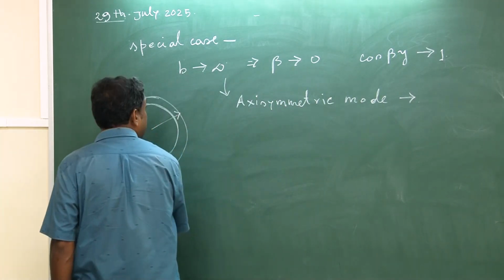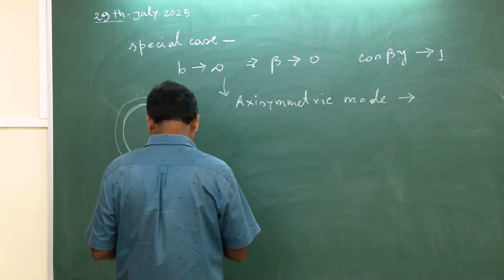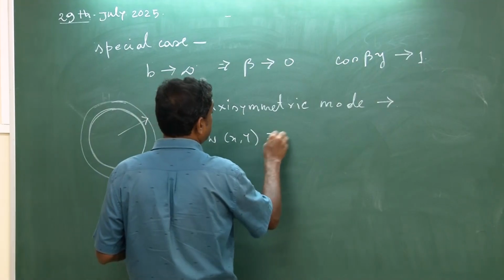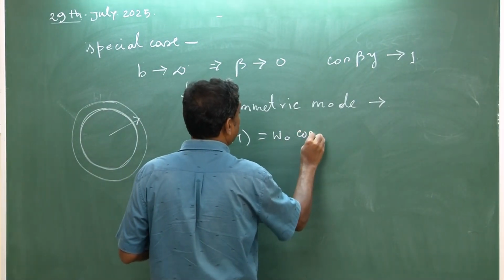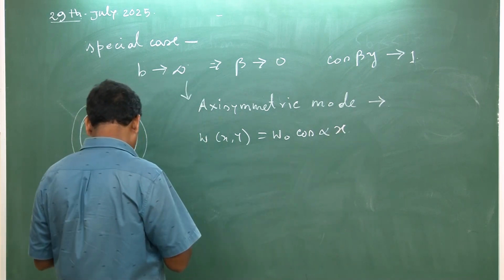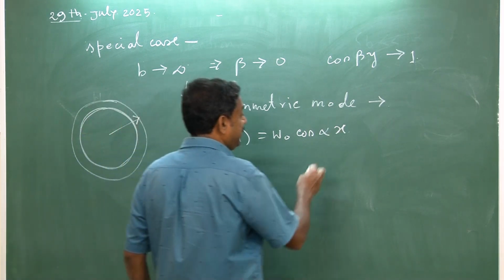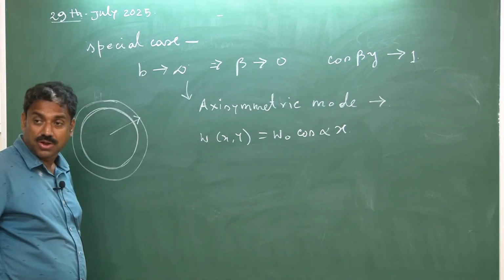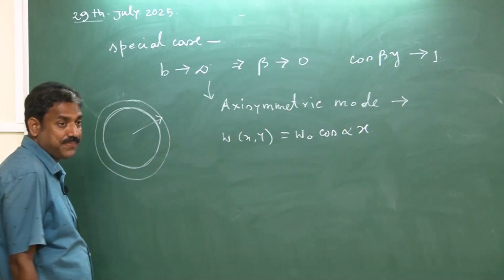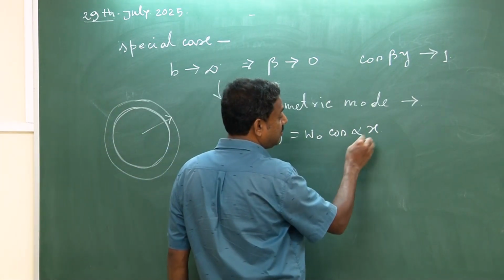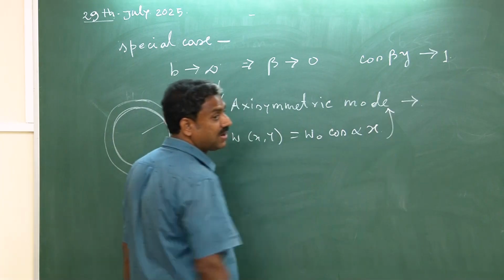Okay. Then for this case, W(x, y) is nothing but W0 cosine of alpha x. This is cosine of alpha x, so now you have only longitudinal wavelengths, and these mode shapes correspond to the axisymmetric mode that we have discussed.